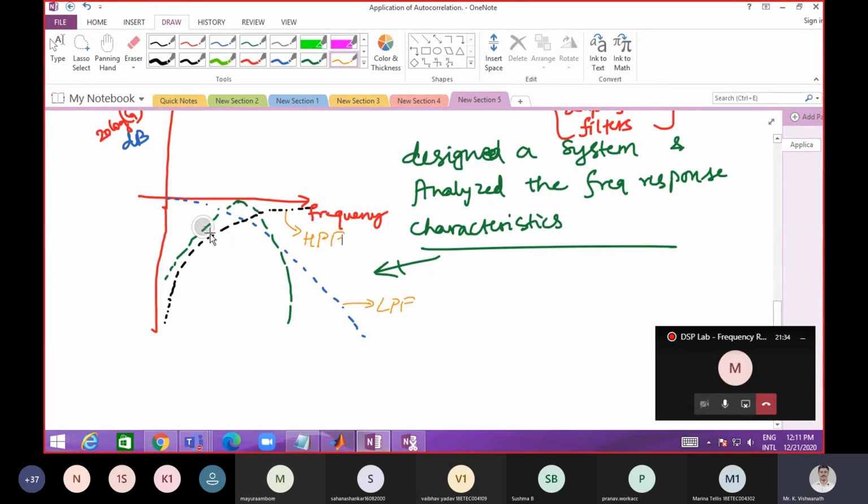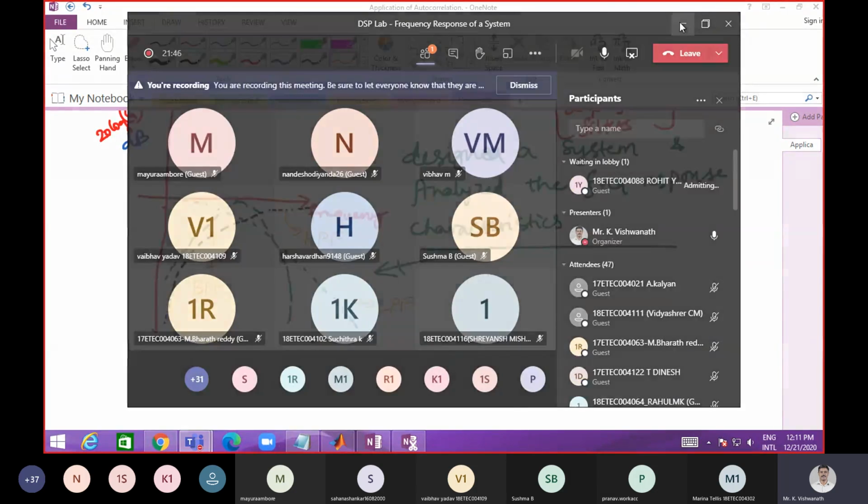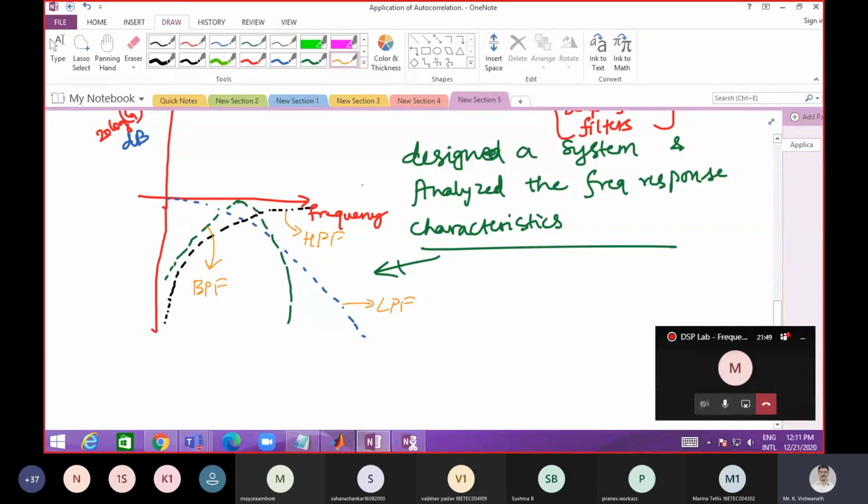Maybe you can call this a band pass filter and so on. Band reject filter, multi-band pass filter and so on. So this is what frequency response is.